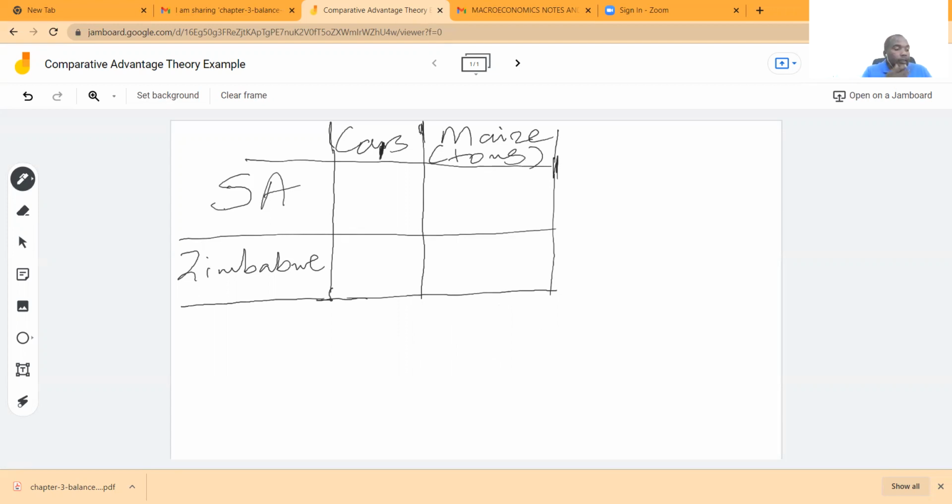So the quantity of cars that are produced by South Africa is 2 cars, and the quantity of maize which is produced by South Africa is 8 tons. And the quantity of cars that are produced by Zimbabwe is 1 car, and the quantity of maize produced by Zimbabwe is 6 tons of maize.